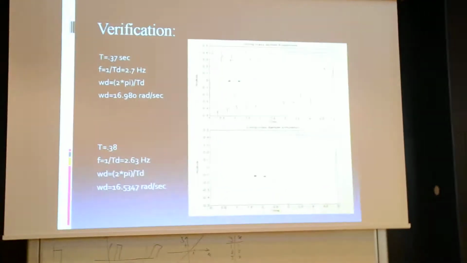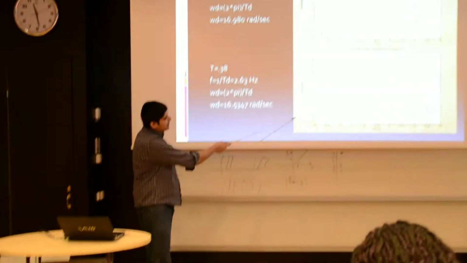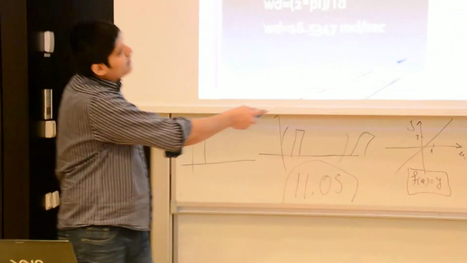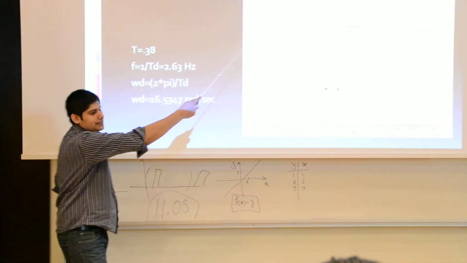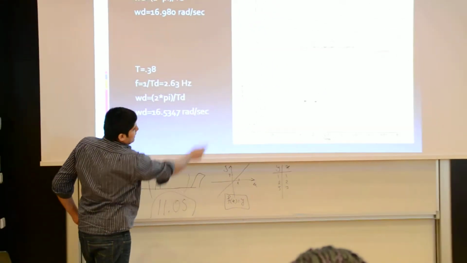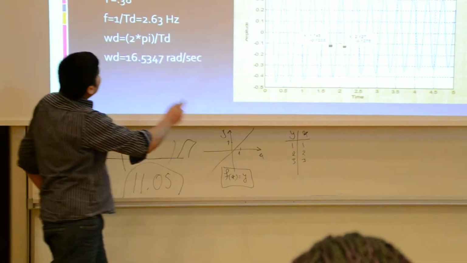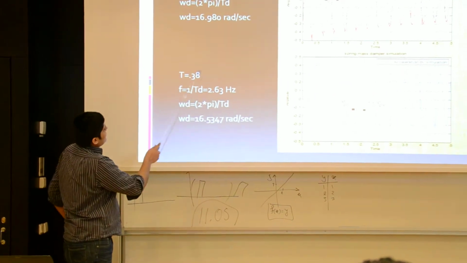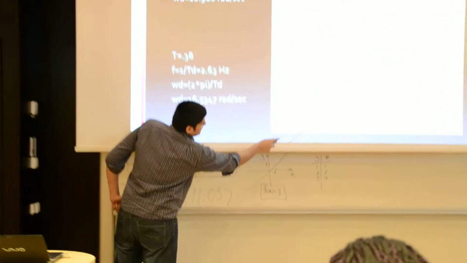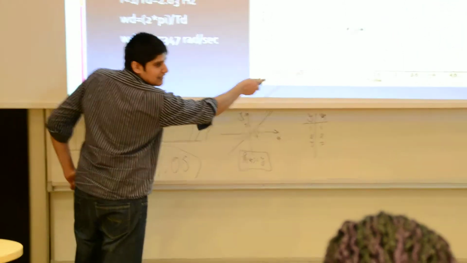For the verification, when I put in all the parameters, C, K and everything, this one is the simulation graph and this one is the experimental graph. So I just calculate the frequency from here and the frequency from here, and that was the same result. Here it is a little bit different because I just don't have a sample here.